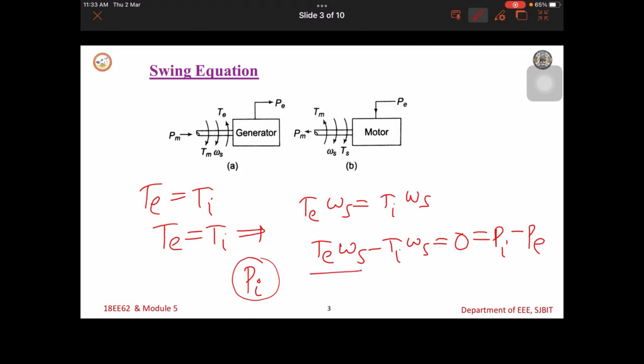Power is equal to torque into angular velocity, so torque is equal to power divided by angular velocity. This formula we know. So, this is not equal to 0 when there is any disturbance.